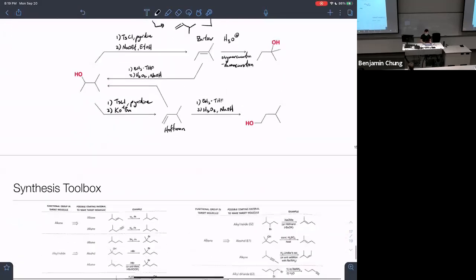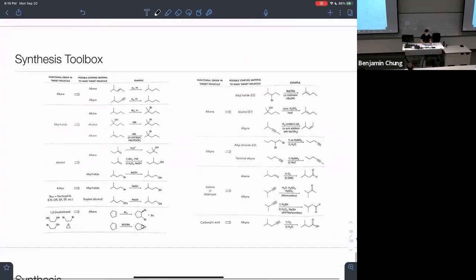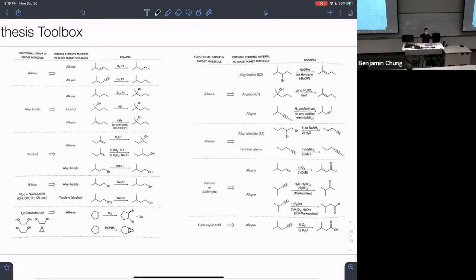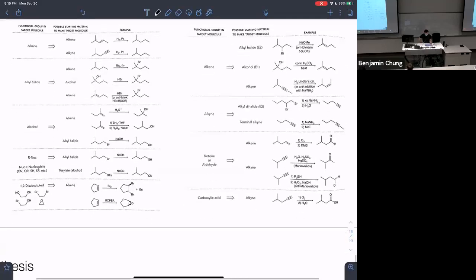So it all comes together. Okay, so this is essentially the synthesis toolbox that you have. It summarizes all of the functional group interconversions that we had discussed today that you had learned in the first 2 years or first 2 semesters of your organic chemistry classes.